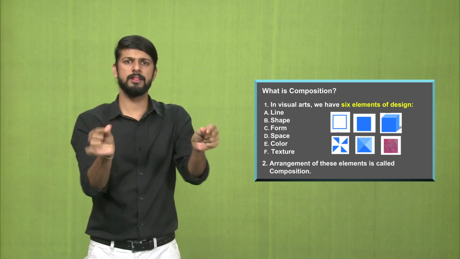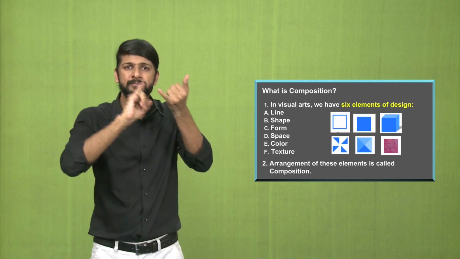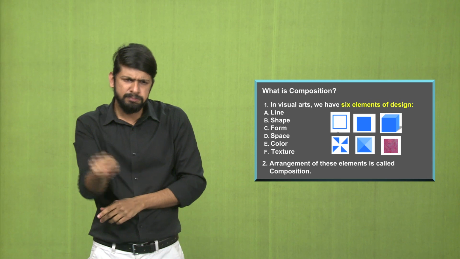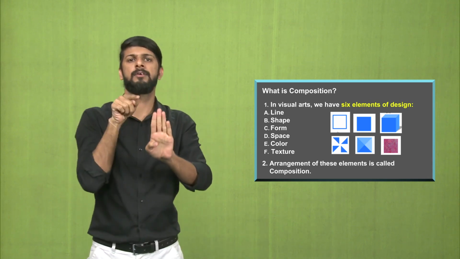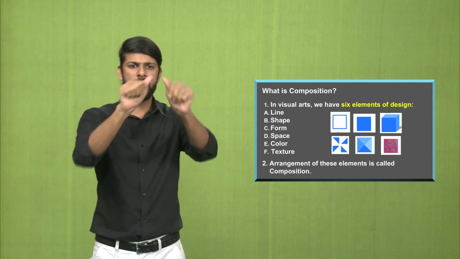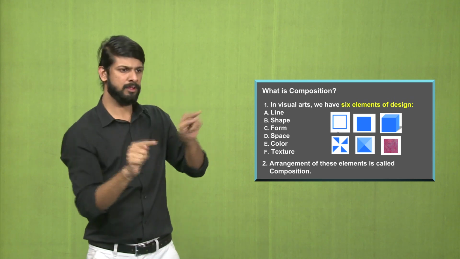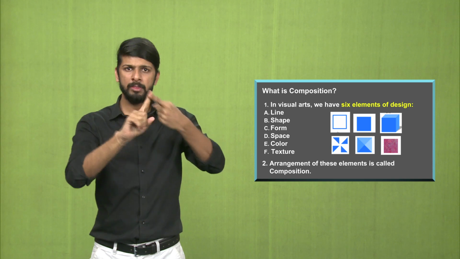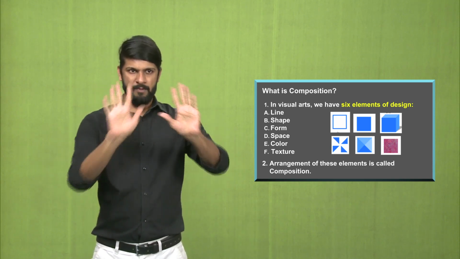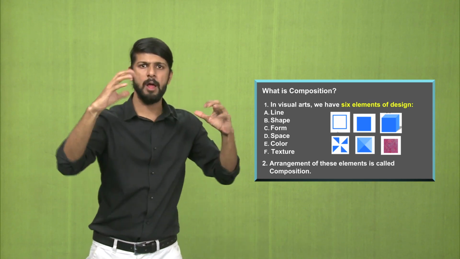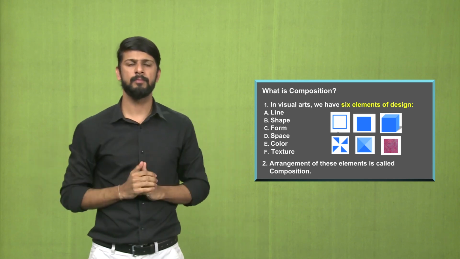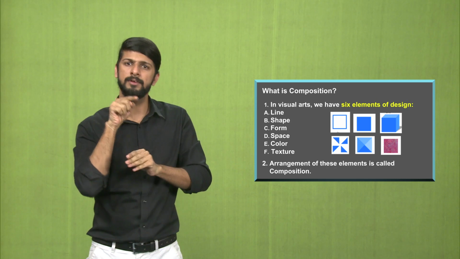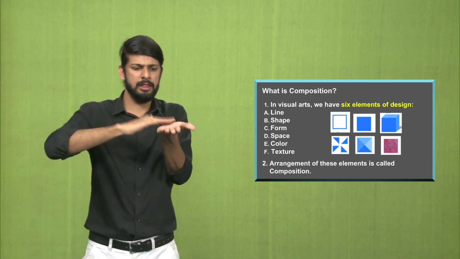First is line, second is the shape, third is the form, fourth is space, fifth is color, and finally texture.